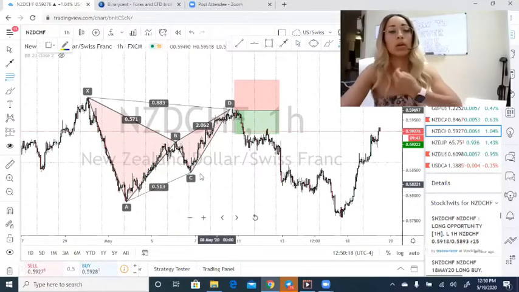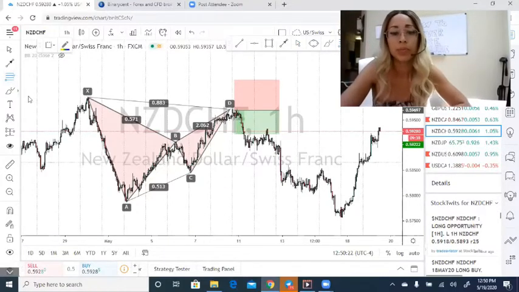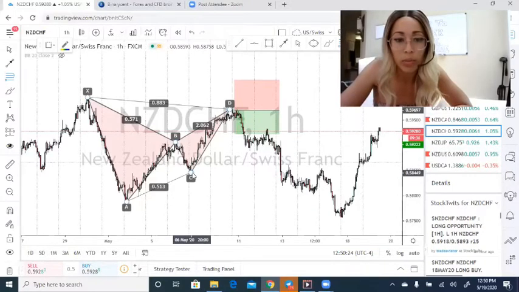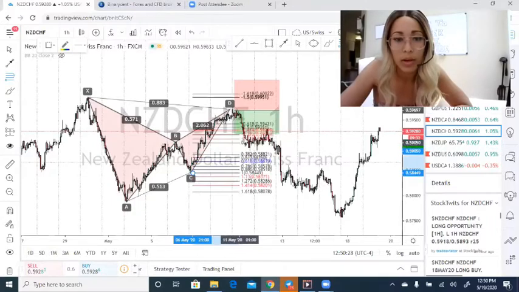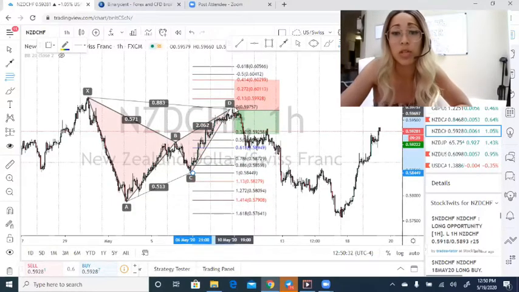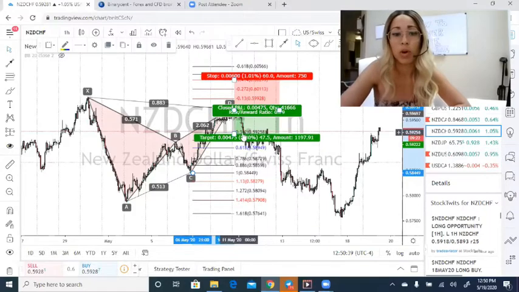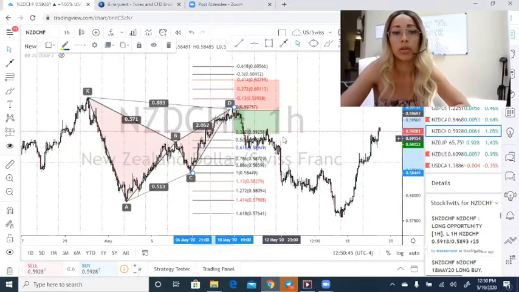All right, so in order to find our take profit, I'm going to get another Fibonacci tool, and I'm going to bring it from the wick point of C, and I'm going to bring that up to wherever the highest wick point of D, wherever D point starts, which is right about right here, right? So my take profit 1 is this 38.2, which is kind of right where my green area for my reward stops.